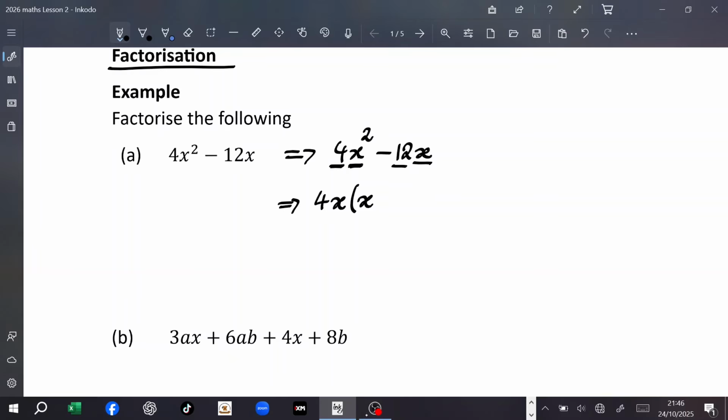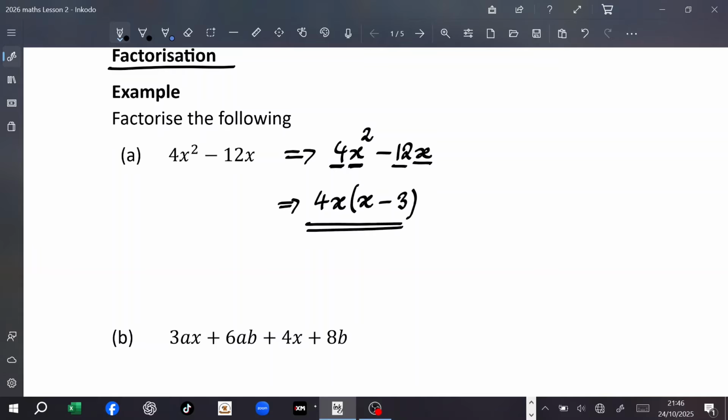So 4x is already there. Then you write the minus, and on 12, once you factor out 4, what remains is 3. You write 3, x is already factored out, then you close. So this is the final answer: 4x(x - 3).